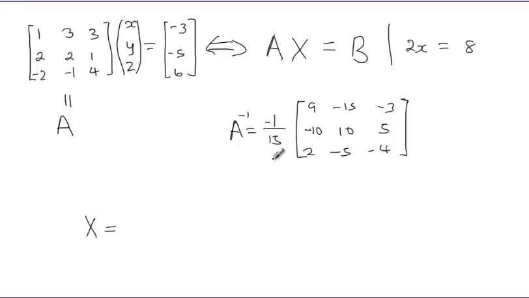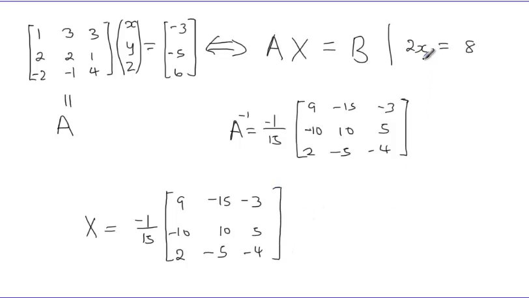We take our inverse as it is here and write minus 1 over 15 brackets 9 minus 15, 3 minus 10, 10, 5, 2 minus 5 minus 4.